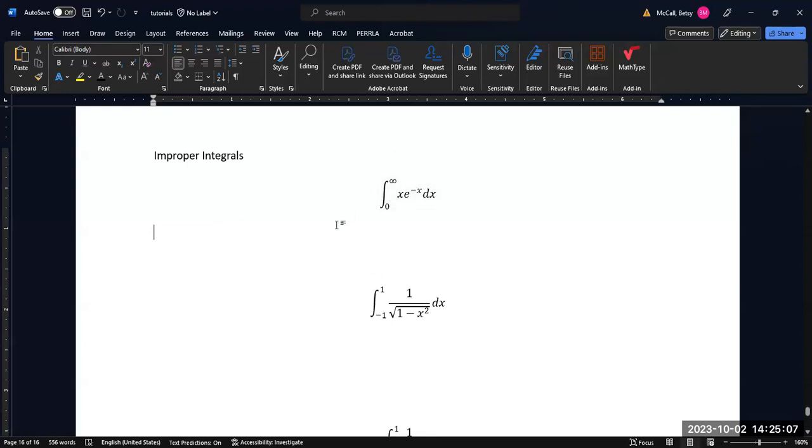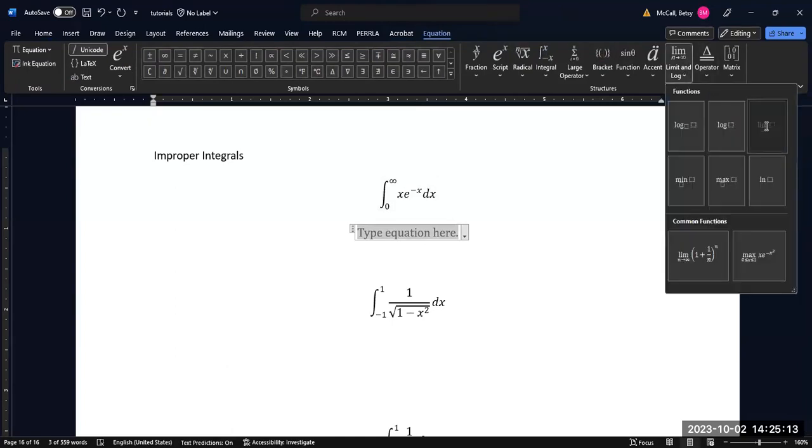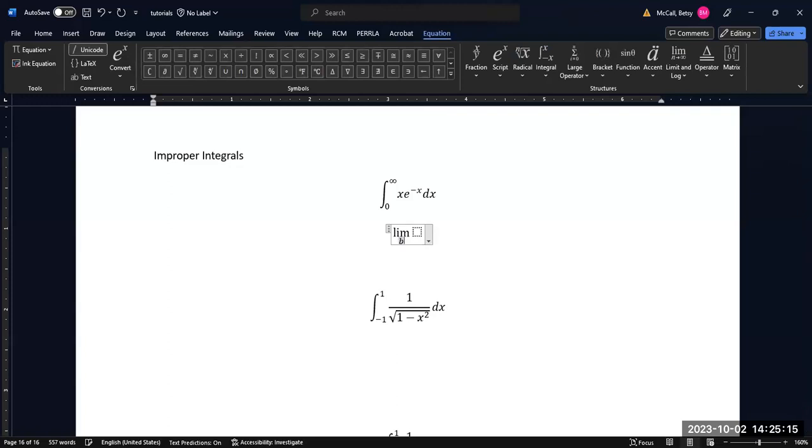Now, the general idea here is that infinity is not a number, and we shouldn't treat it like it's a number. And so fundamentally, what we're going to do is turn this into a limit. And then we're going to replace our integral.